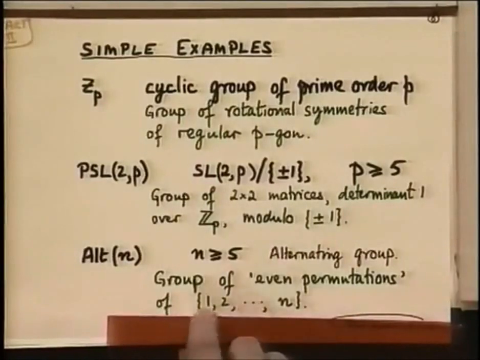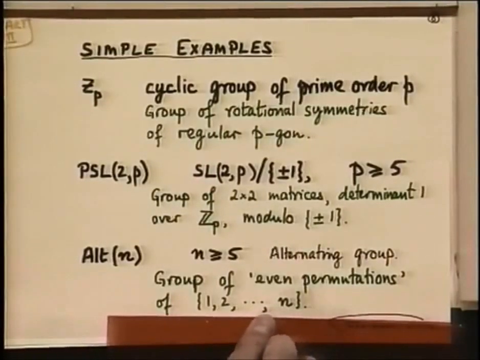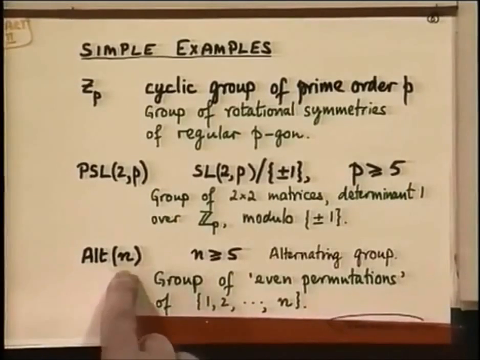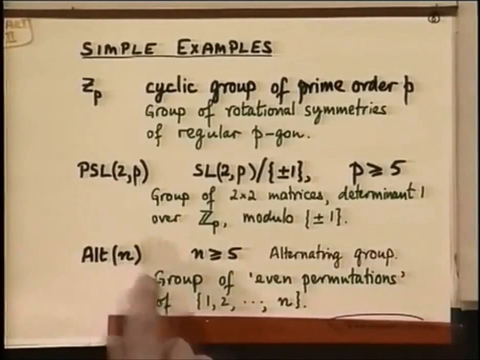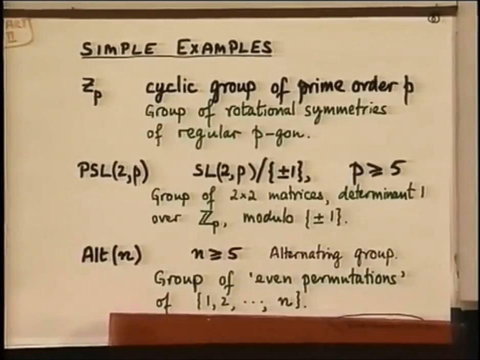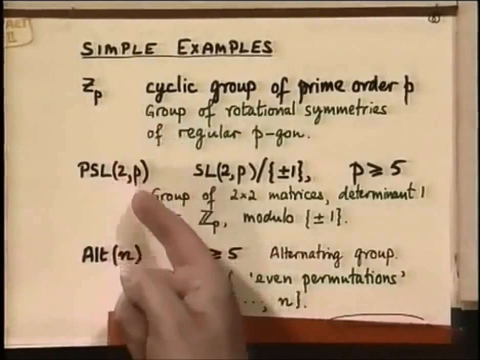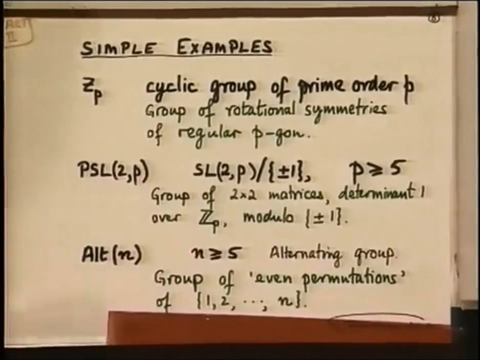We find that half of the permutations of 1 up to n are even permutations, the other half are odd. If we concentrate on the even permutations, we have the alternating group of degree n. If n is at least 5, then that is a simple group. So here we have 3 infinite families of simple groups.